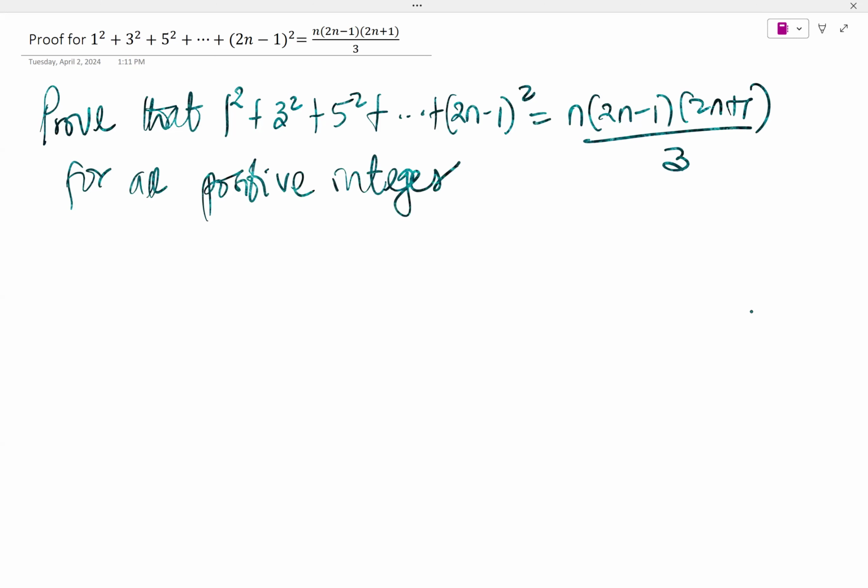So this is one of those cases where you already know the answer you get at the end of the day. So the answer should be such that for every n, you have k plus 1. So you should have (k plus 1) into (2 into (k plus 1) minus 1), then again (2 into (k plus 1) plus 1), all over 3.